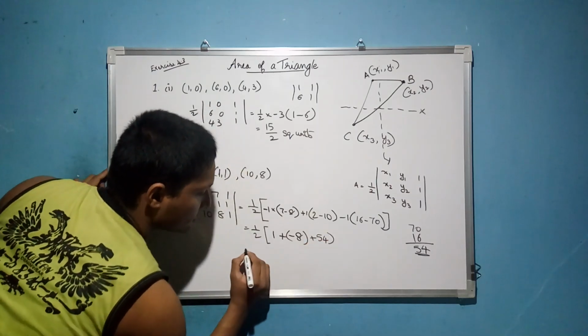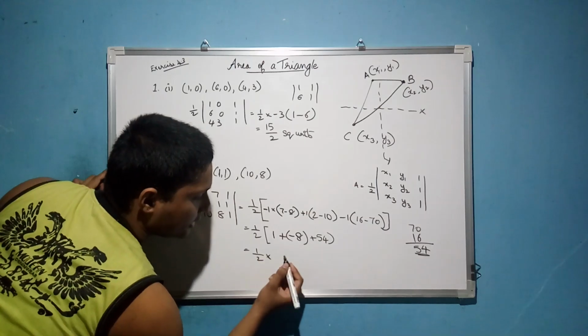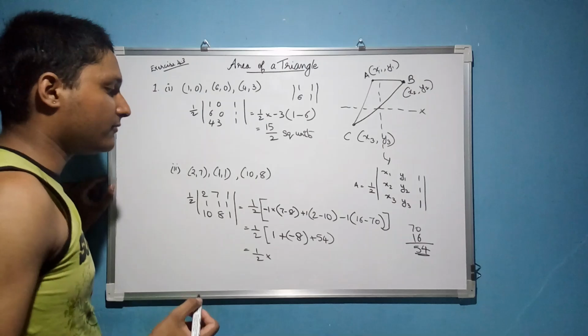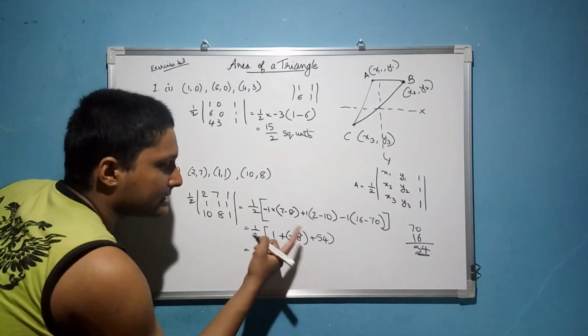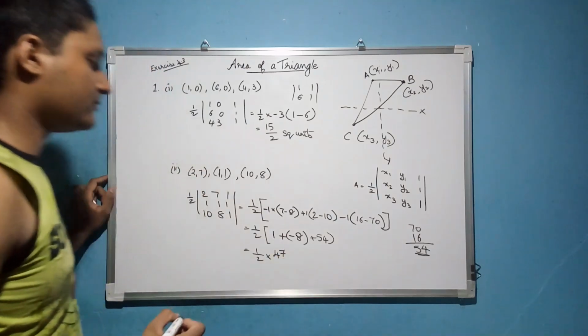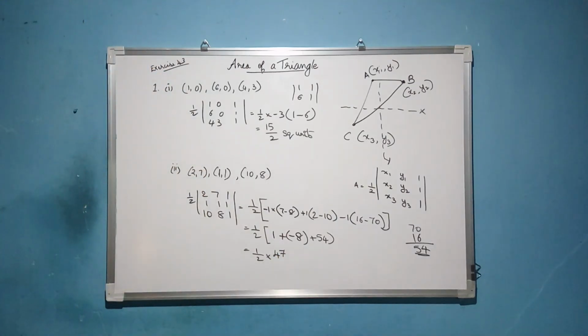So it is going to be half into 54 plus 1 is 55, 55 minus 8 is going to be 47. So the answer is going to be 47 by 2 square units. That's all about the first question.